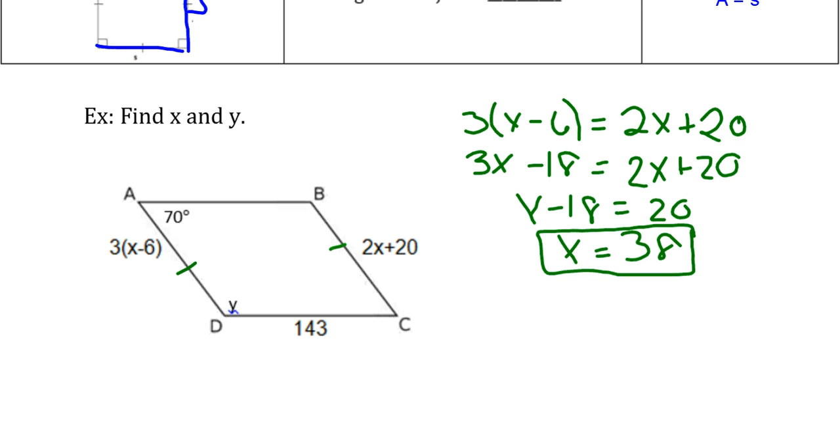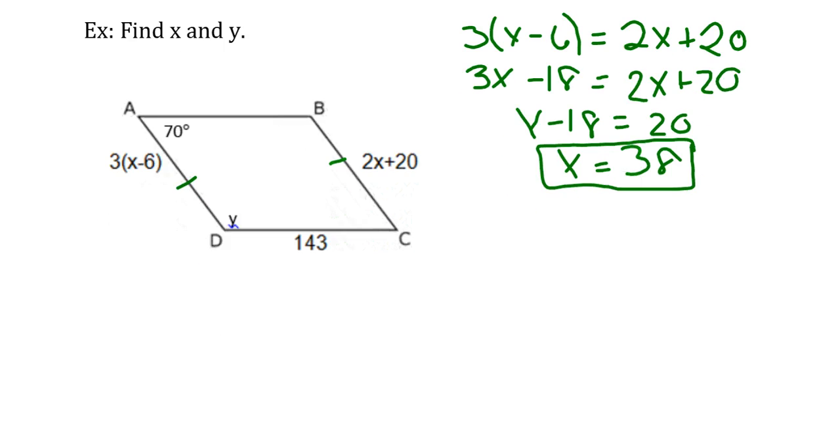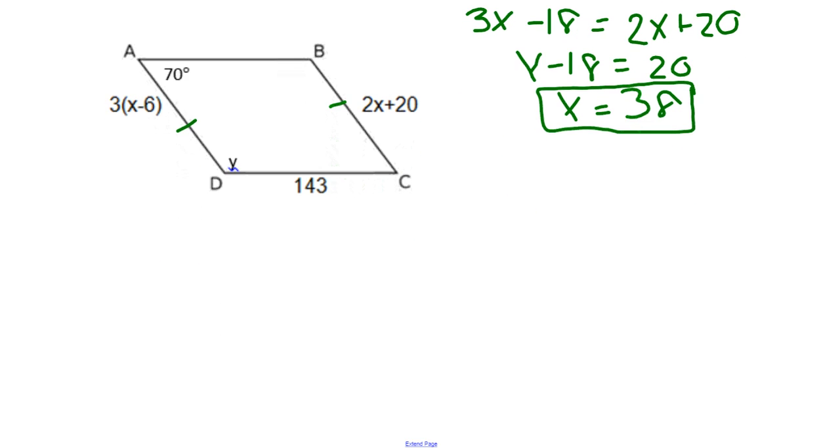Now I also want to know y, and y is the measure of one of these angles down here in the parallelogram. In order to figure out the angle, I see one angle that's in here already, this is 70 degrees, but y is not opposite the 70-degree angle, so it's not congruent. The way we're going to find the measure of y is to keep in mind that these sides that are opposite one another are parallel in the parallelogram.